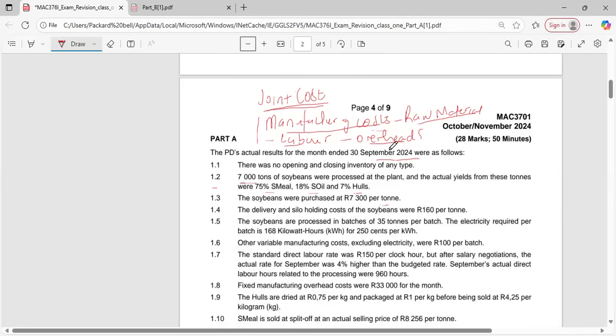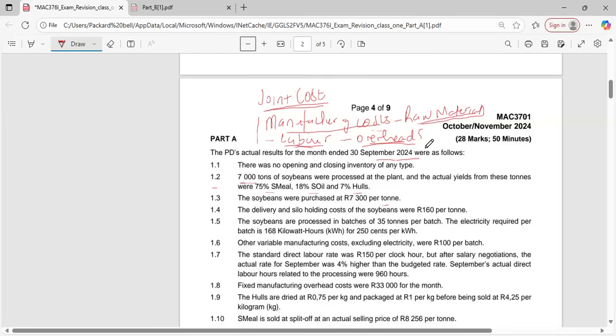Okay, conversion cost here. Remember, we have labor and overheads, which are going to be the conversion cost. Then your raw materials are the material that was put into the product. Conversion cost is labor and overheads, but for joint cost you should also include your raw materials.